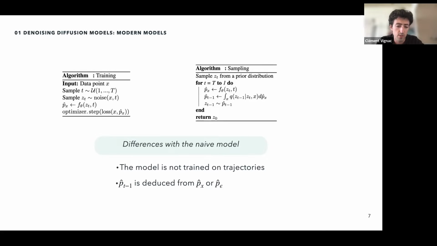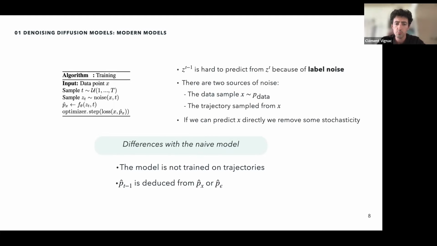On the right, you have sampling, and you can see that we don't predict time step t-1, we predict directly the clean input. So why do we do that? The problem with predicting time step t-1 is that if you train the network to predict z_{t-1}, it's very noisy because z_{t-1} depends on x, the data that you sample, and depends on the trajectory of the noise.